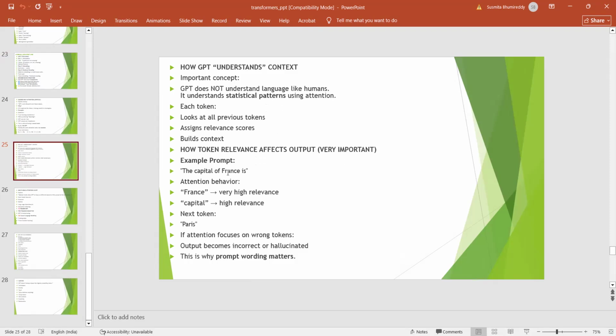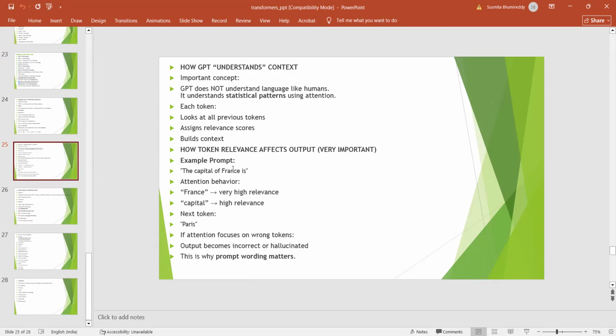So how does token relevance affect the output? Here the example prompt: "The capital of France is". Based on these high relevances, France has a very high relevance, and capital has high relevance. So we get to know it is the capital of France.